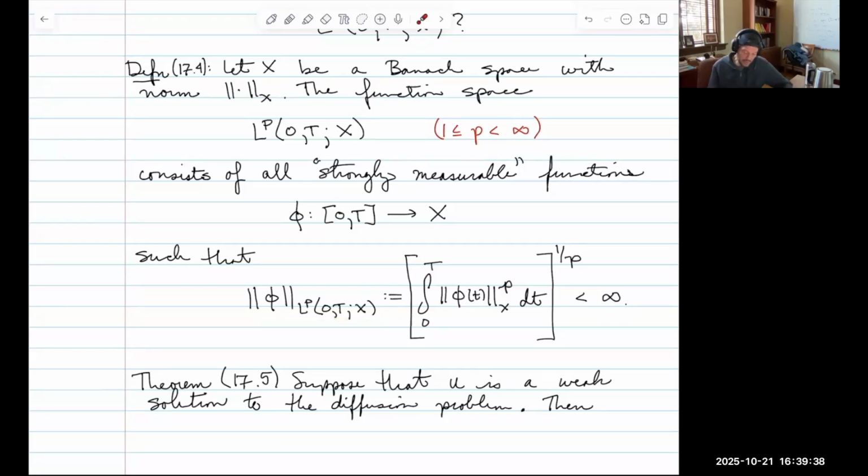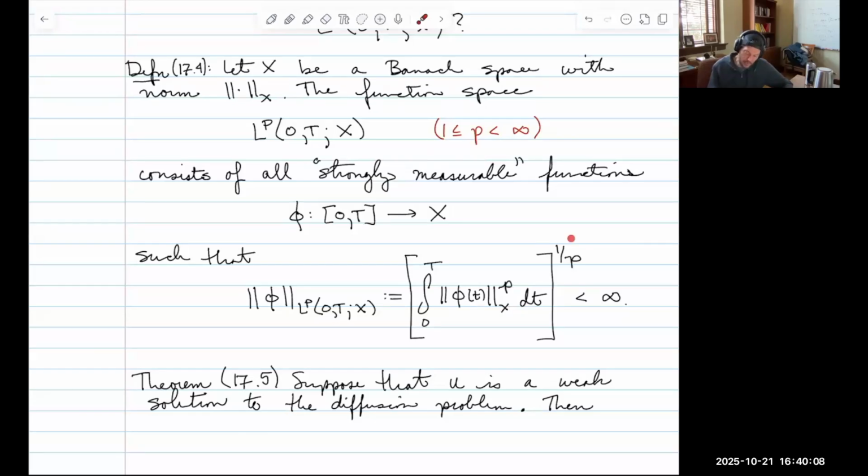And what norm do we give these functions in this space? Well, it's a norm that actually makes sense. For each time, I have a function that is in the space X. So I'm going to apply the X space norm to that. That's going to give me a number. I'm going to raise that to the p power, and integrate that from 0 to t, just like I would with the normal LP space.